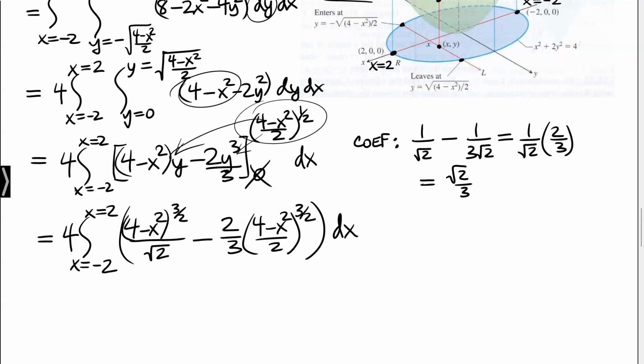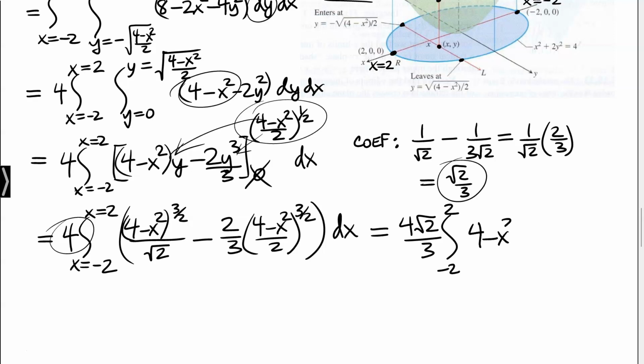Okay, so that means we can clean this up a bit more. Take this coefficient out, and let's combine it with the 4. And so we're going to have, sorry, we're going to have 4 root 2 over 3 times the integral from negative 2 to 2 of 4 minus x squared all to the 3/2 dx.